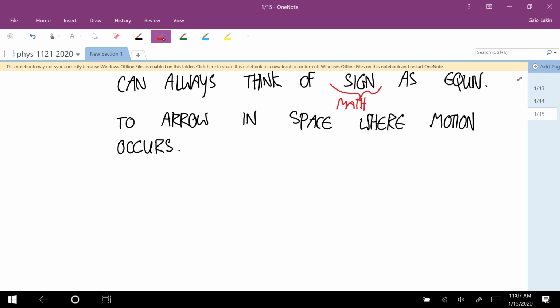So the sign is, like, in math world, the space where the motion occurs is in the real world.